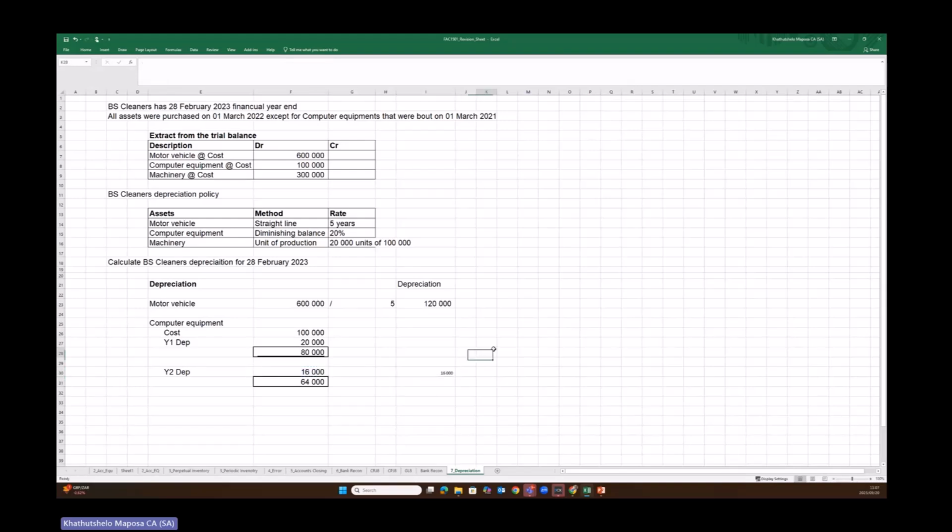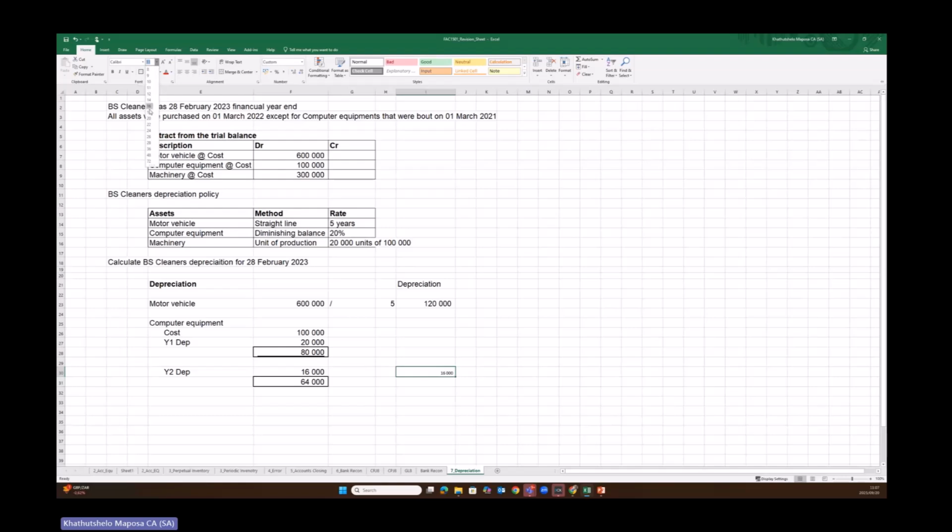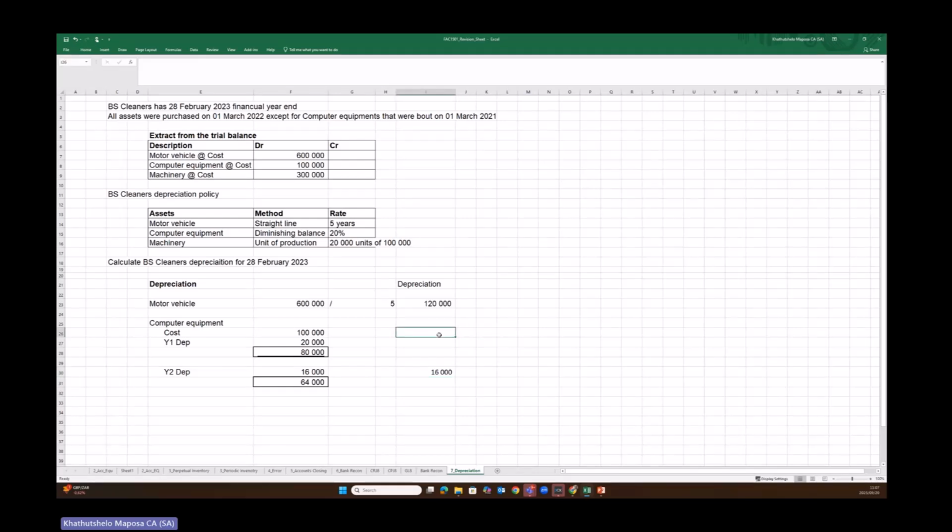When we are using the diminishing balance method, depreciation is calculated based on the carrying value, or the balance of the value of the asset, at the beginning of that reporting period, and underline beginning. Here we have computer equipment that was bought for 100,000 on 1 March 2022, which is 2 years ago.